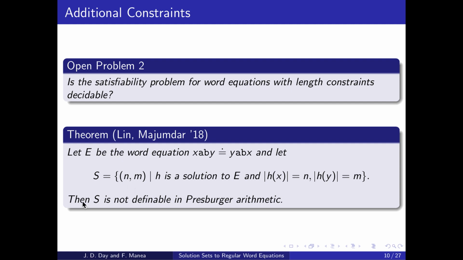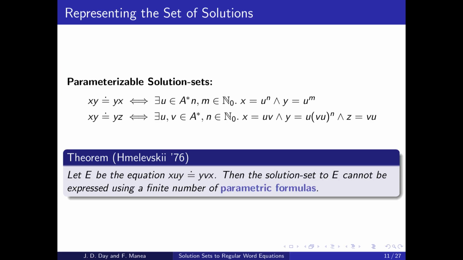Then it's known from a paper in 2018 that this set S is actually not definable in Presburger arithmetic. So the solution sets have quite high expressive power in terms of what they can express in terms of numbers, in terms of tuples of numbers.